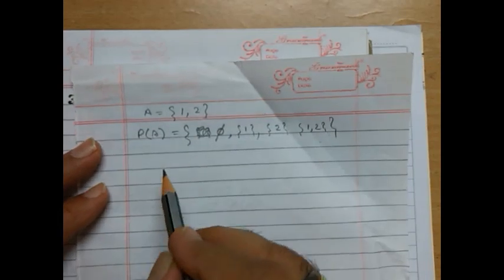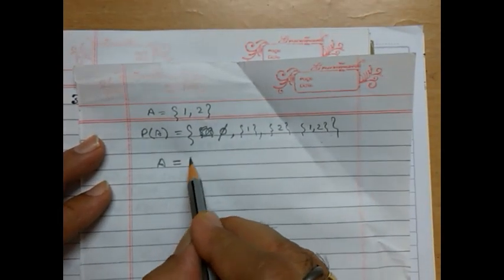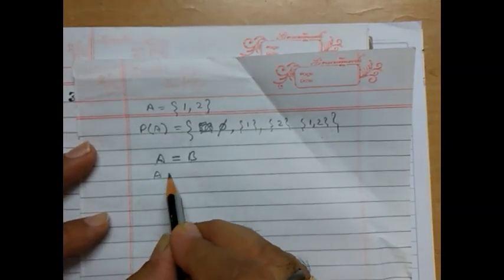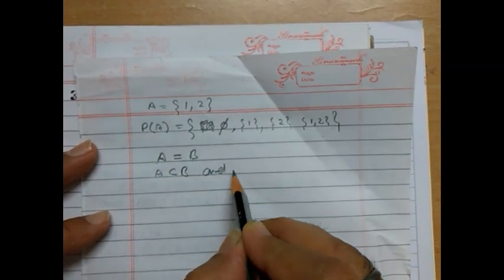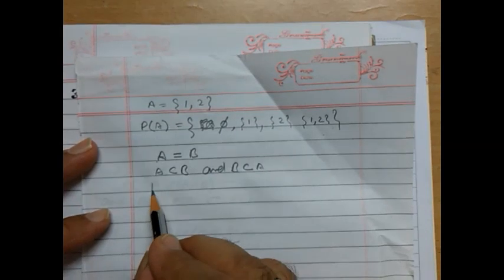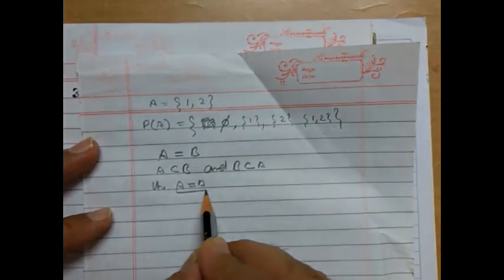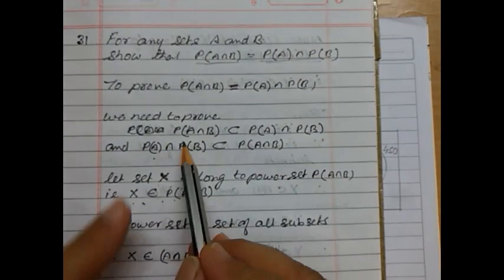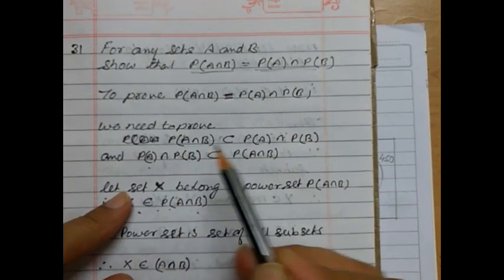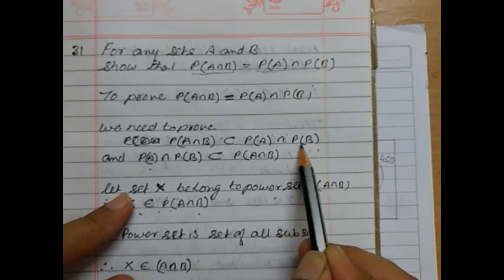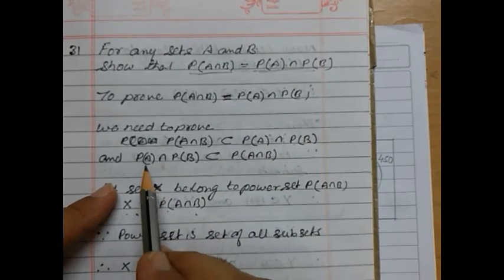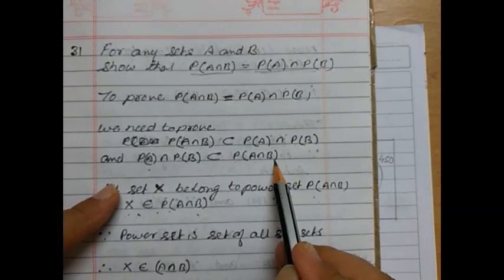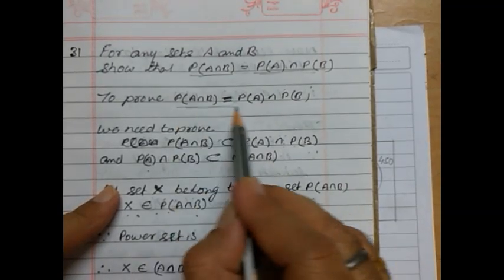If you remember, when we discussed A equal to B, meaning set A is equal to set B, we know that if A is a subset of B and B is a subset of A, then we can say set A is equal to B. Similarly, to prove this, we need to show that the power set of A intersection B is a subset of the power set of A intersection the power set of B, and in reverse, the power set of A intersection the power set of B is a subset of the power set of A intersection B. Then only we can prove that this is equal.